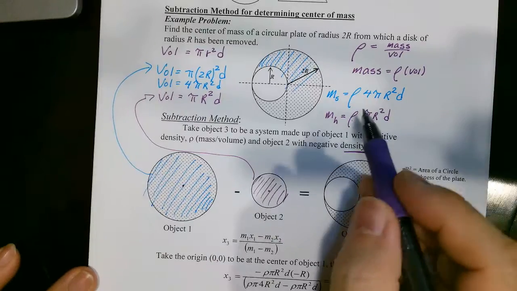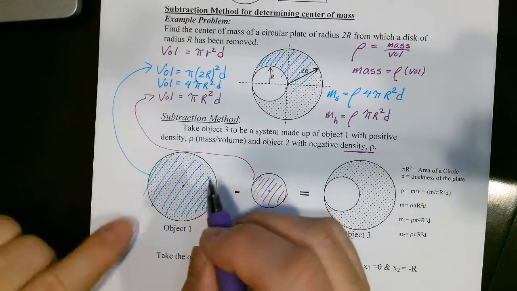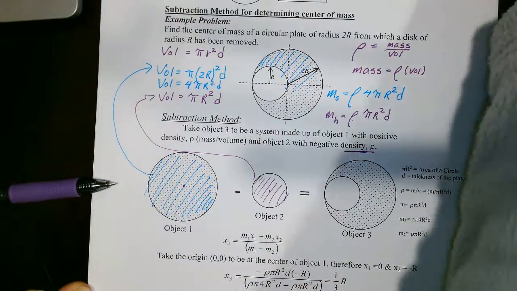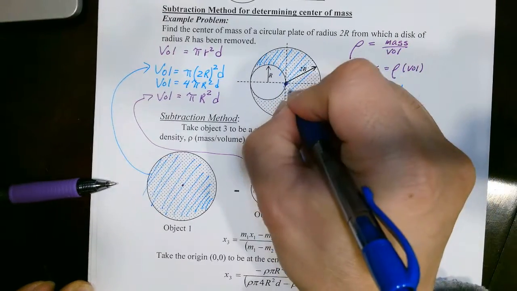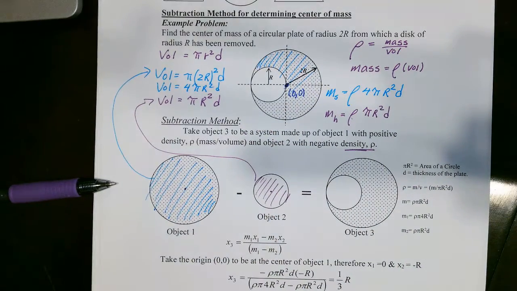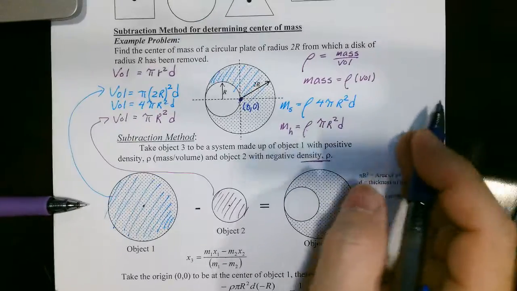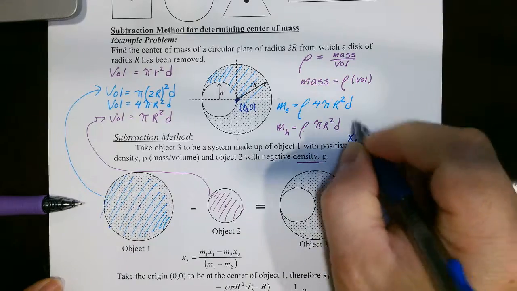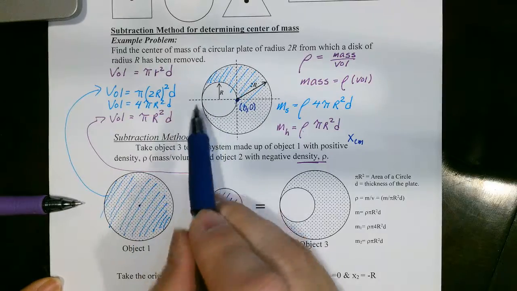So if we were to find the center of mass of this object, let's consider this right here to be our 0, 0. We will put our reference point right at the center, and that's our 0, 0 right there. Then we can figure out what x sub cm is. For y, there's a symmetry there, so you know it has to be on the x-axis.